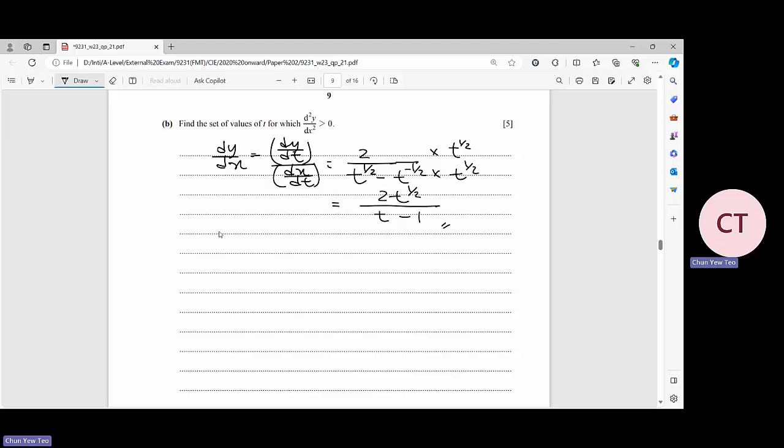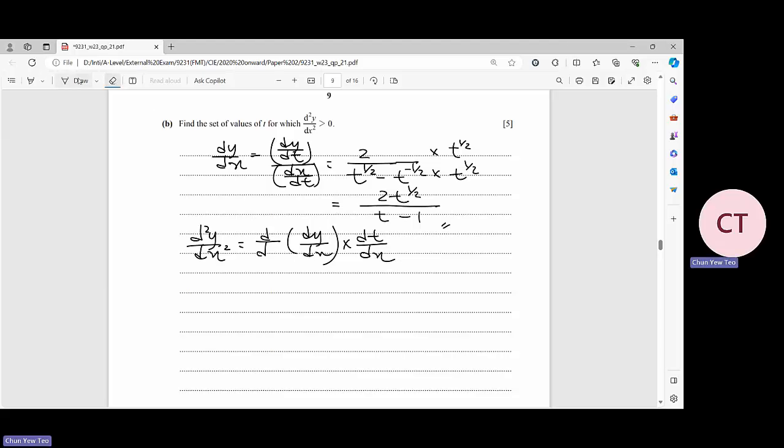Then after that, we want d^2y/dx^2. Applying the chain rule, changing the dx over here to dt, then you multiply by dt/dx.